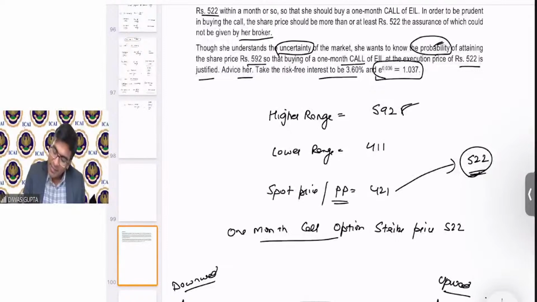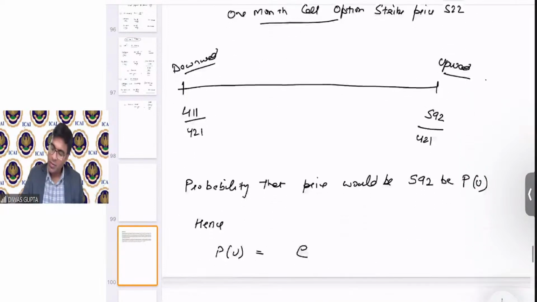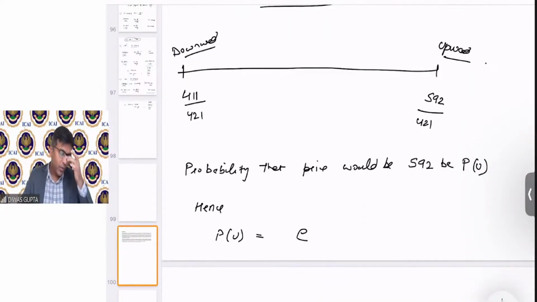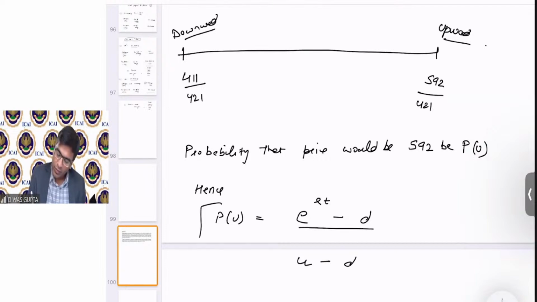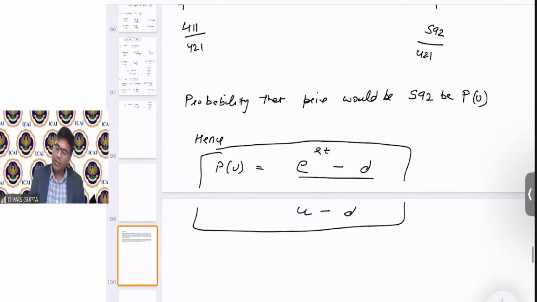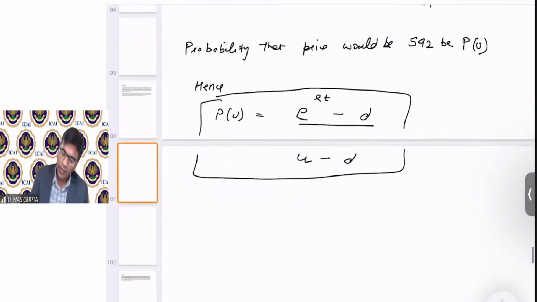PP is present price. I have mentioned present price. Okay, Viraj. Now, PU is equal to, we will be using the continuous compounding formula, the other formula that I mentioned there, right? Divided by U minus D. This is the formula that we have understood. Correct? Now let's use this formula.